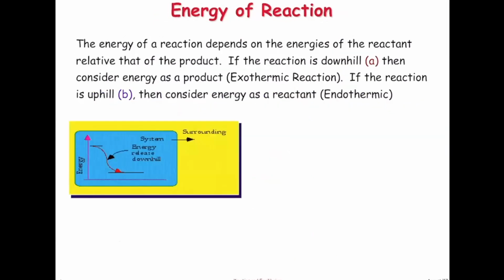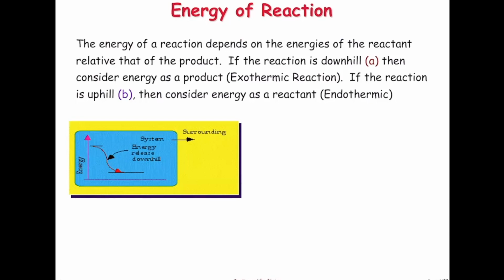So when a reaction occurs, again, let me tell you about the energetics. When the product is lower in energy than the reactant, this is the case when you burn ethanol in your last experiment. Ethanol has a certain amount of energy. All chemicals have a certain amount of energy.